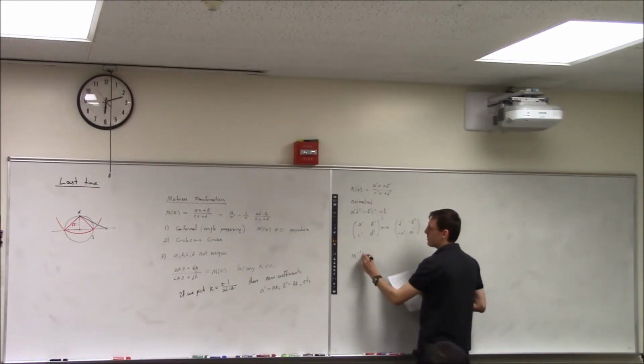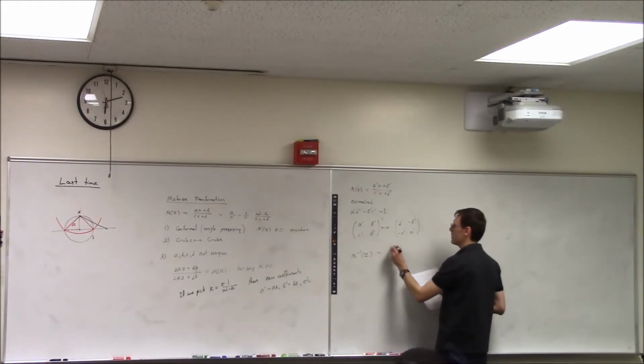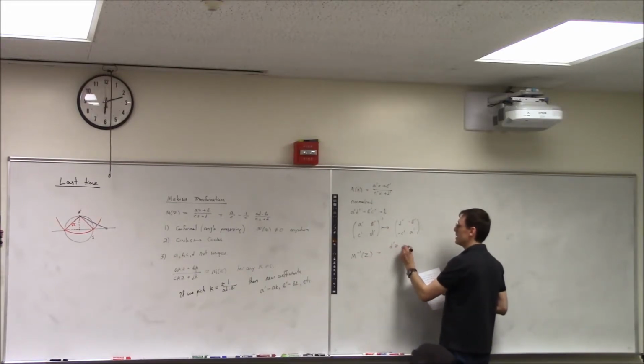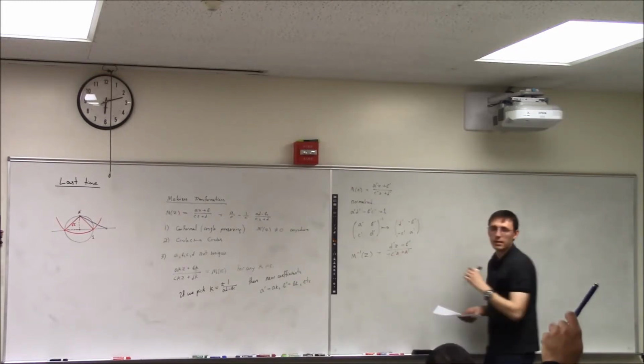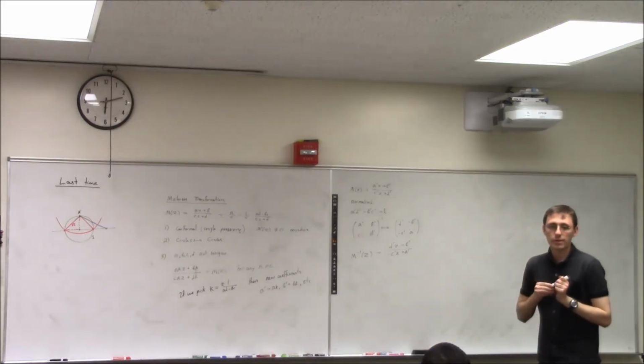We have the formula: the inverse M inverse of z is going to be D prime z minus B prime divided by minus C prime z plus A prime. That's going to be the inverse Mobius transformation.